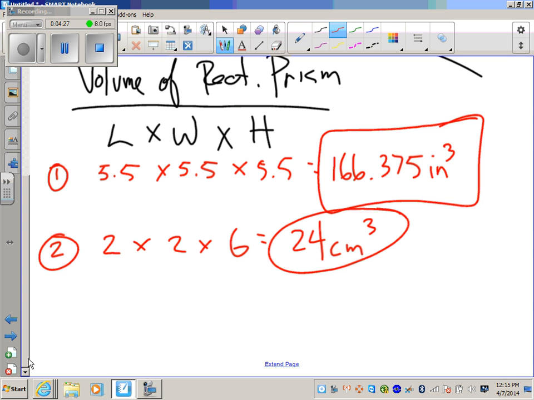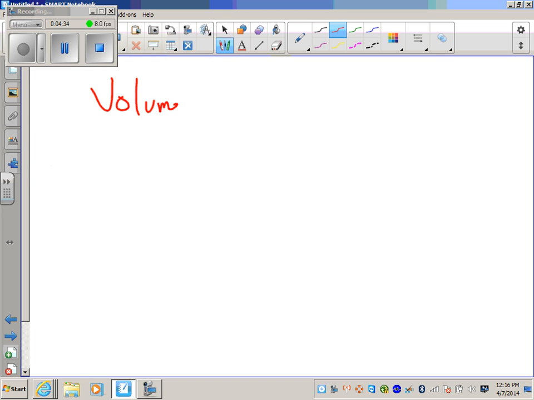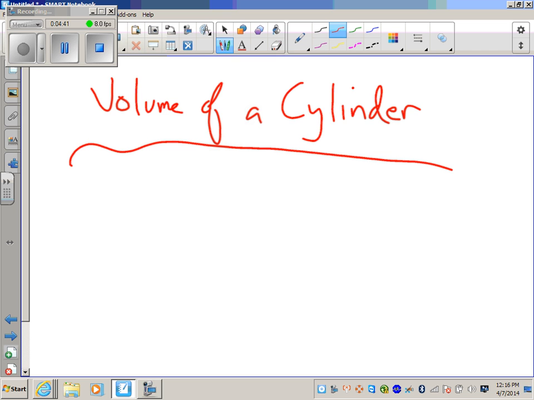So, cylinder. Volume of a cylinder. For the volume of a cylinder, we are going to use that formula, which will mean something in English, which may have a little bit more meaning to you if we can simplify this in some way.